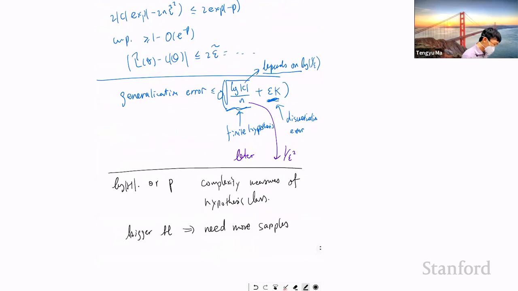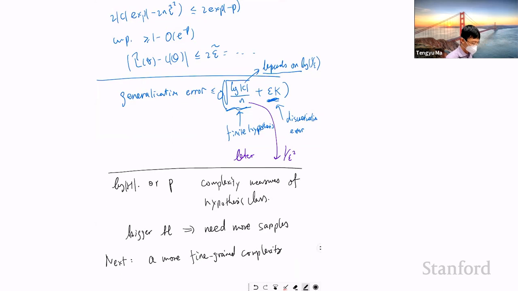In the next one or two weeks, we are talking about a more fine-grained complexity measure. What is the right complexity measure? There's no super decisive answer; in some sense, it's up to the theorem prover.